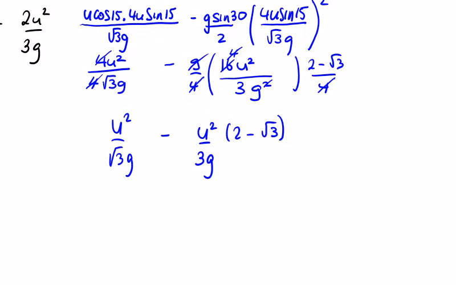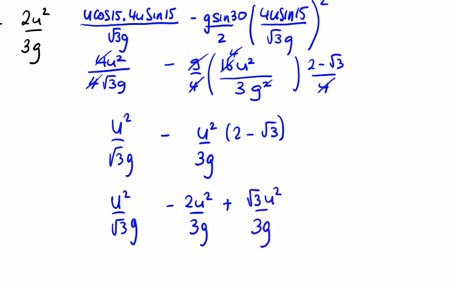So if we multiply that out, we're going to get u squared over root 3g here minus 2u squared over 3g, and we're going to get plus root 3u squared over 3g.